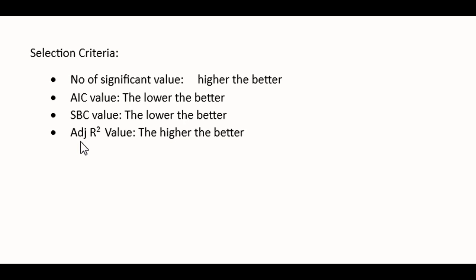So the answers of different criteria may vary, but the model that passes the maximum of these criteria will be the winner, and it is the model to go with for your estimation.